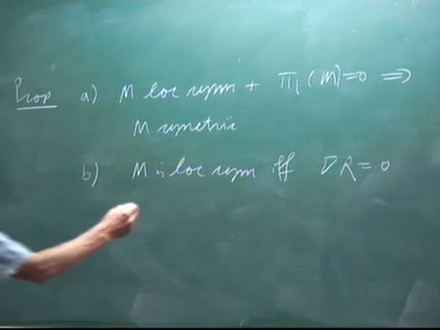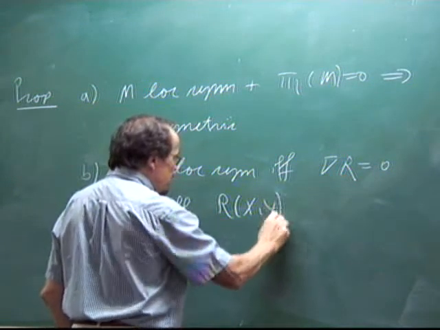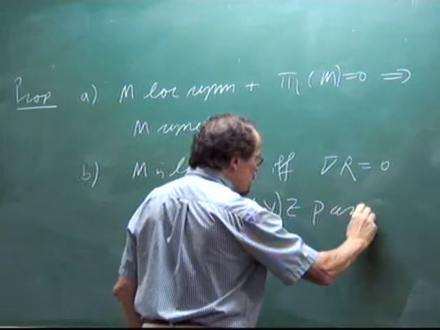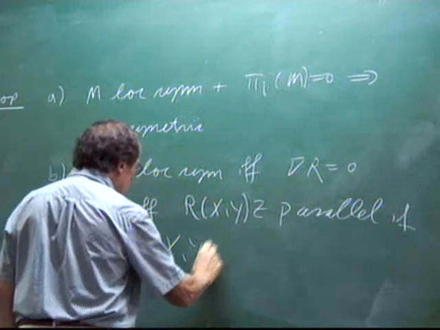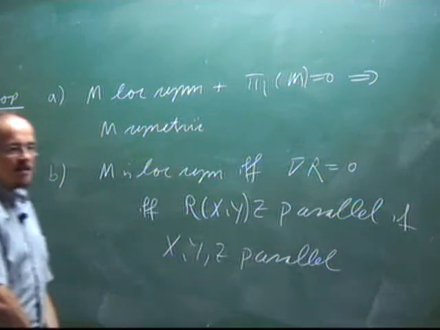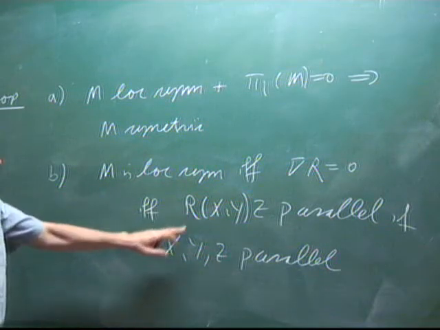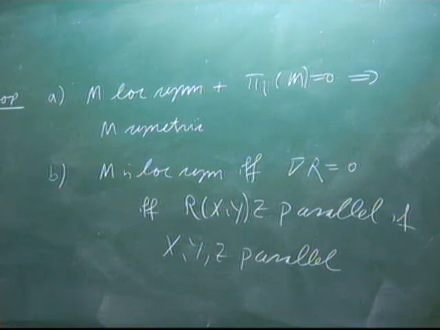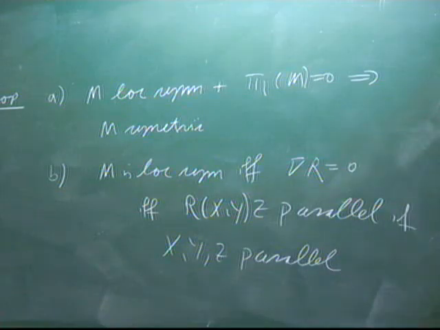Which was, remember, if and only if R(x, y, z) is parallel, if x, y, z is parallel. So a very nice characterization of locally symmetric spaces. This actually has a very simple proof, which I can explain in a few minutes, and it's a general principle again.